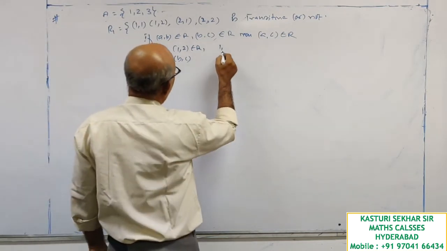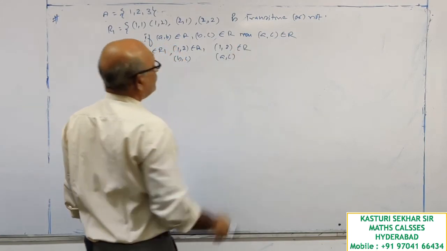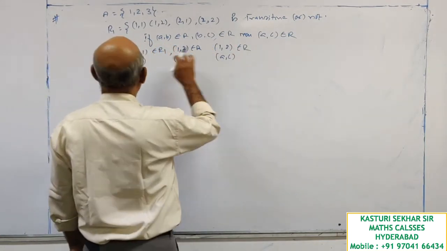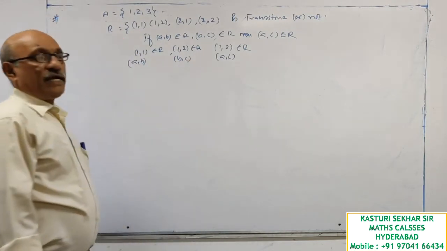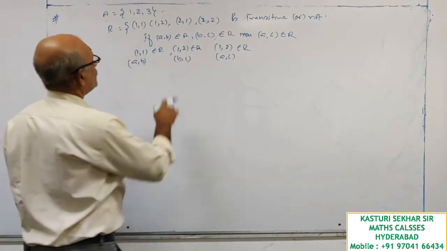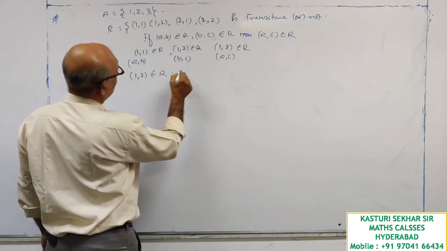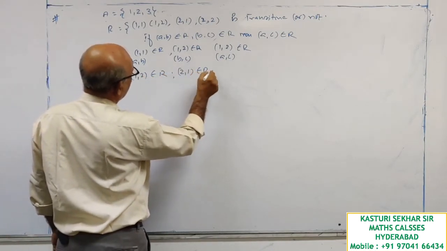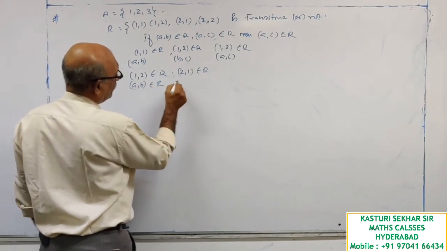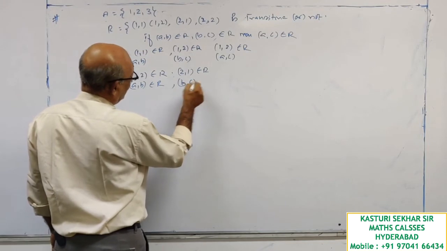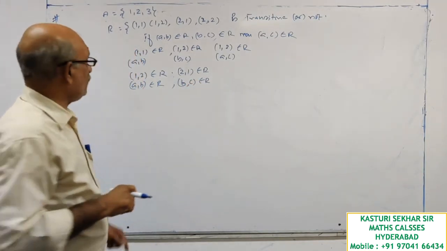Now I have to write (a,c). Next, (1,2) is related to what? (2,1) related to what? Now I have to verify (a,c) is there or not.